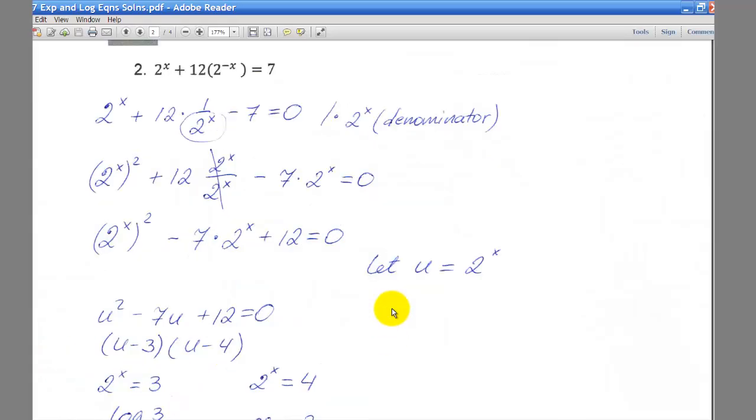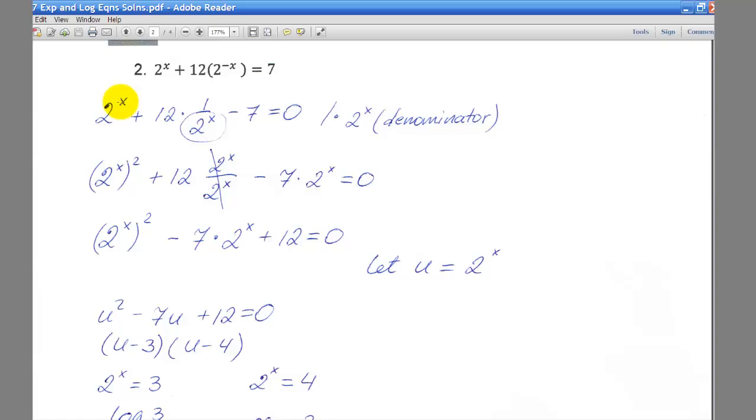Power of x plus 12 times 2 to the negative x equals 7. Well, it's tricky, but you have to try and figure out what you need to do with those exponents and bases to get to a simpler quadratic equation. So here we have 2 to the power of x.